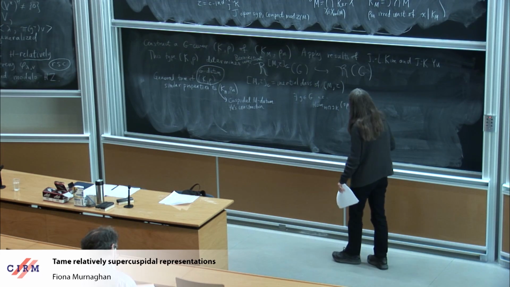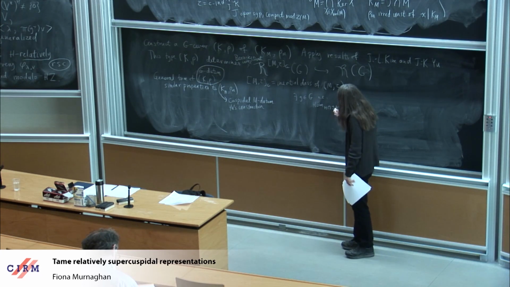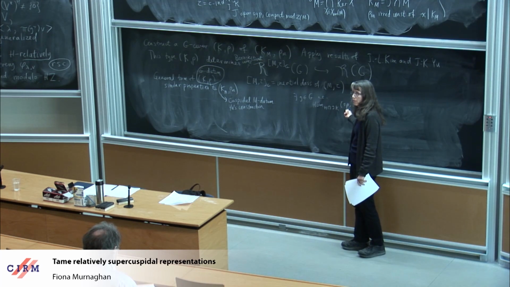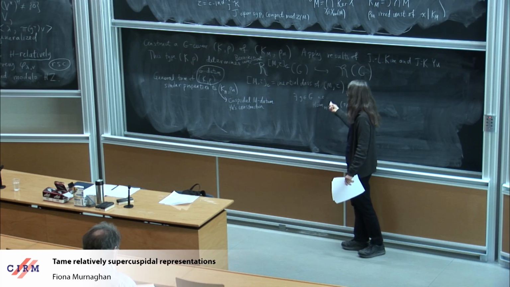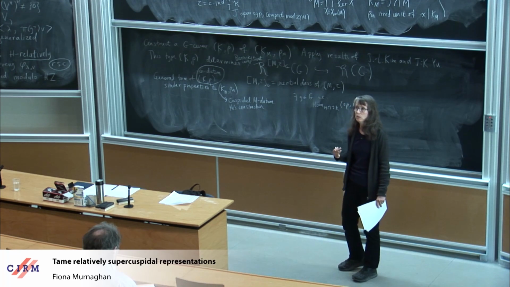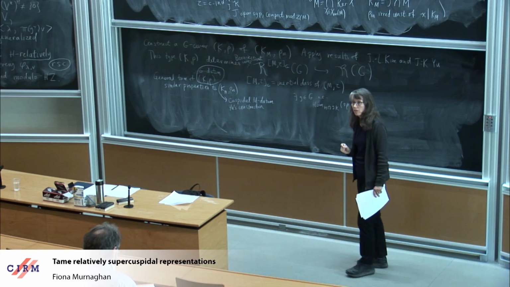So we can start looking at what's happening here at the level of this finite dimensional representation. And we can argue in a way that's somewhat similar to the supercuspidal case, and we can obtain some results about the behavior of these types relative to the involution theta.